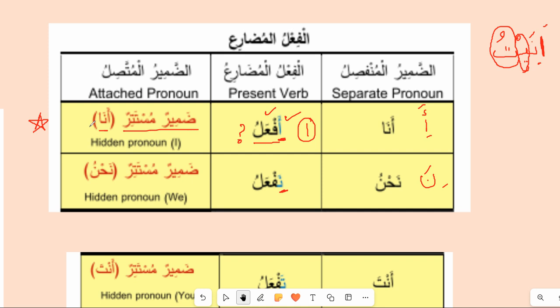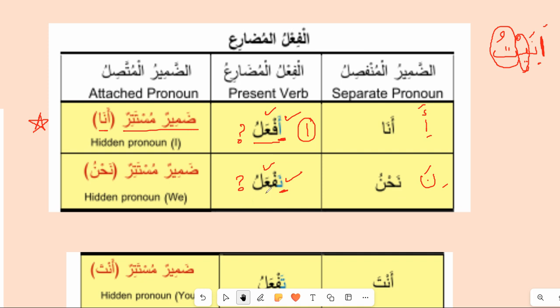And remember, in fail mudare we have five hidden pronouns, two from the mutakallim group. The first one we have here. The second one is from nahnu. As you see, there is the noon harf mudare, then we have our fail. Where is our damir attached?